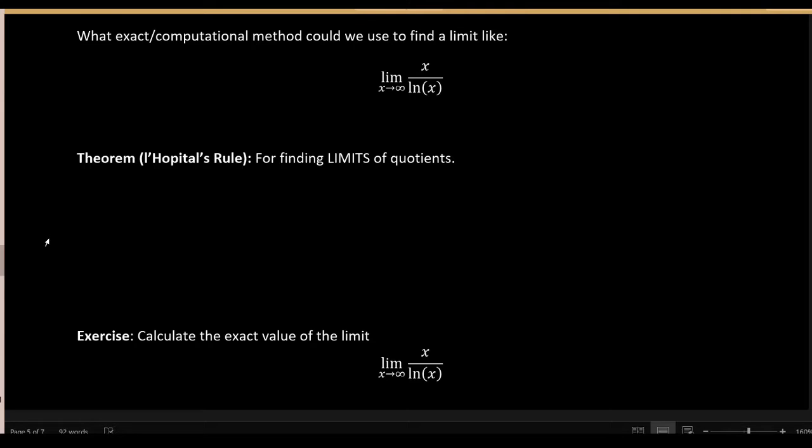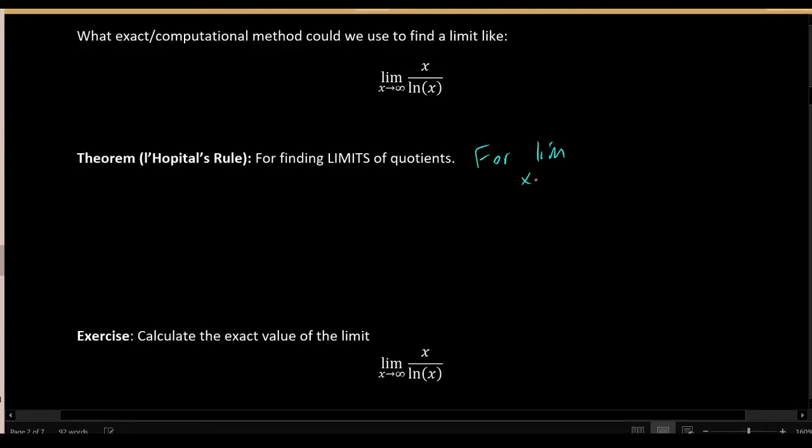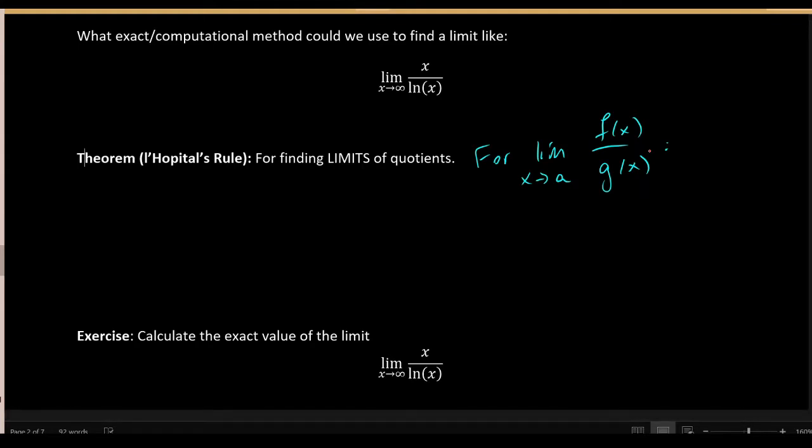L'Hopital's rule says that if you want to find the limit of a quotient, something like the limit as x approaches a number a of f of x divided by g of x, the first thing you need to do is check to see if L'Hopital's rule can actually be used to answer that question.